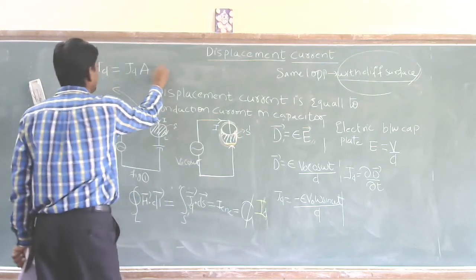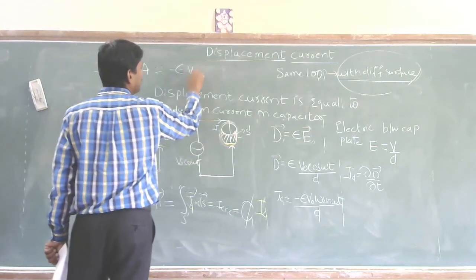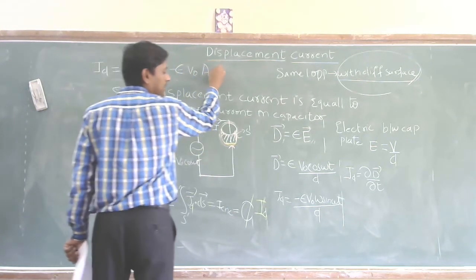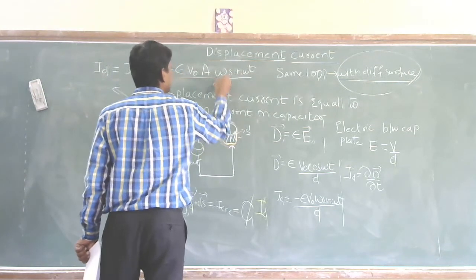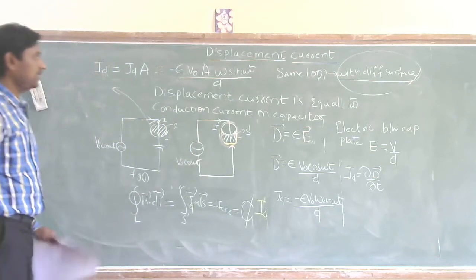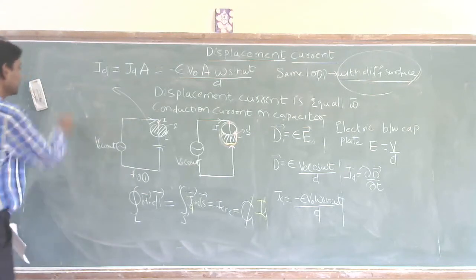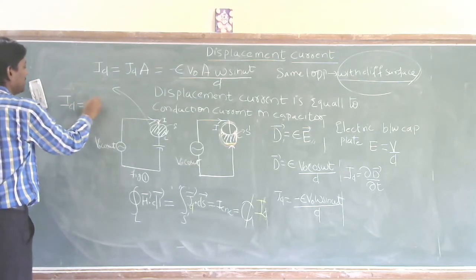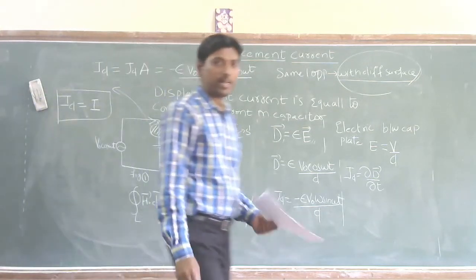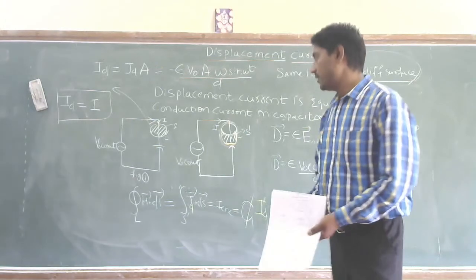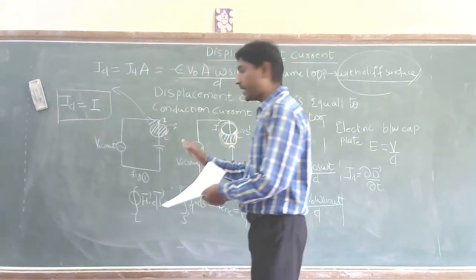So you could see that we got minus epsilon V naught A omega sine omega t by d, that is ID. And you could really check that ID is equal to I. ID is the displacement current, I is the conduction current, and in fact, this has to be true.